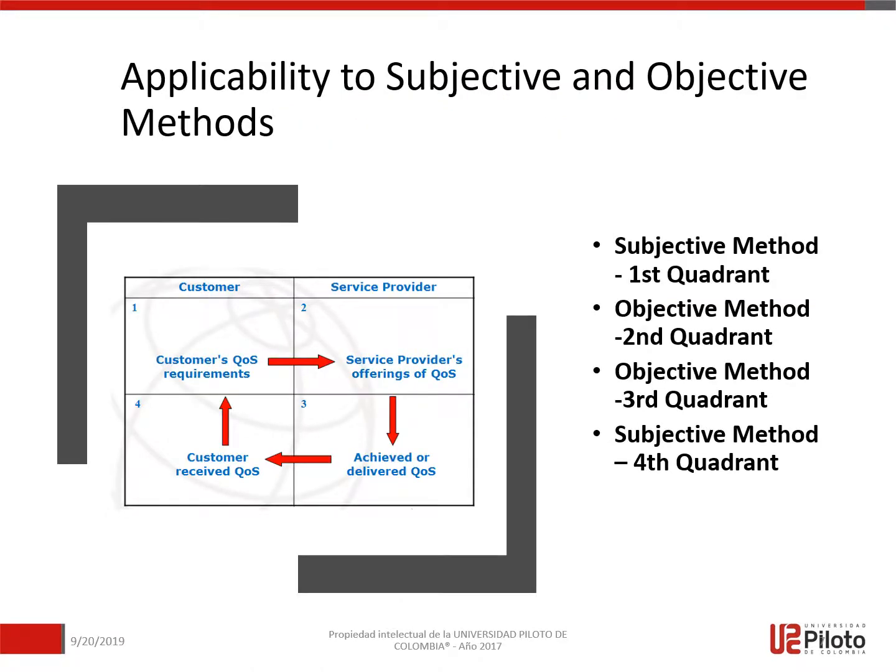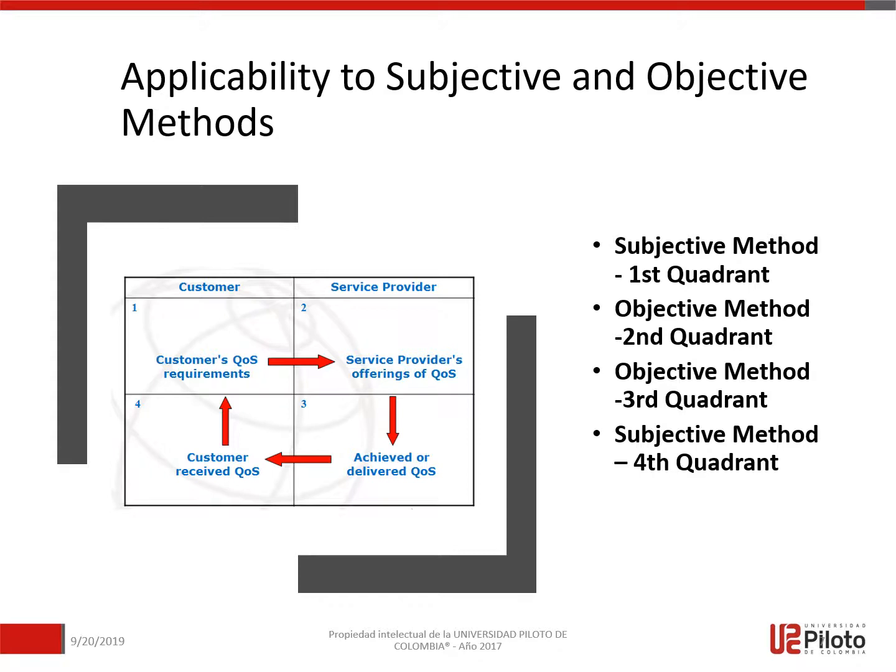For the applicability of subjective and objective methods, we can follow this matrix. The first quadrant is the subjective method for customer QoS requirements, which requires customers' perception of the service. The second quadrant is followed by the objective method: the service provider's offering of QoS, which requires network performance measurements and network-centric metrics to estimate the service provider's offering of QoS.